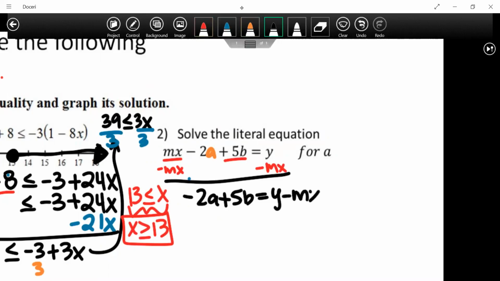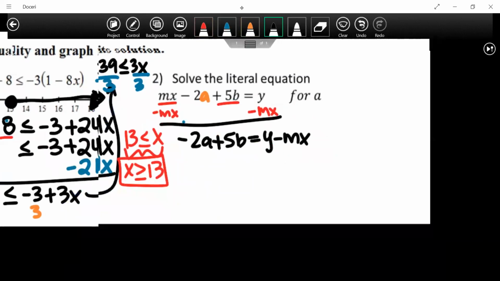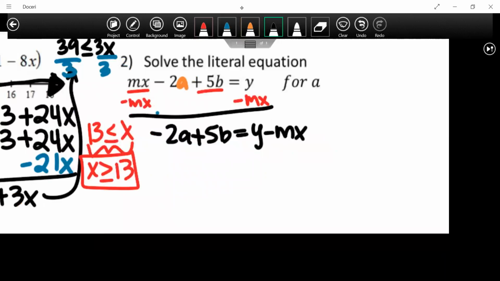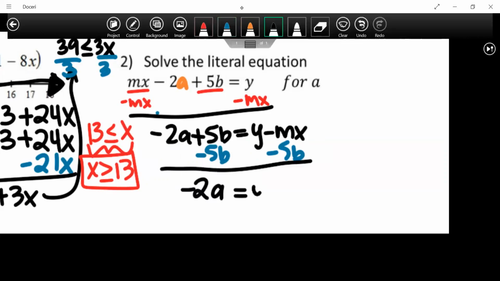Can't reduce those because they are not like terms. Got to get rid of the 5b, so we're going to subtract 5b. 2a is equal to negative mx minus 5b.